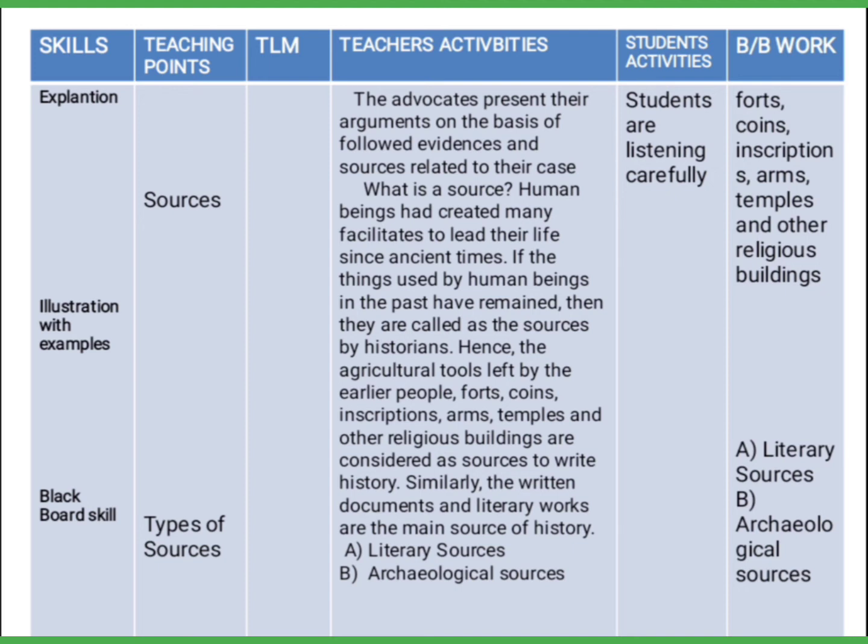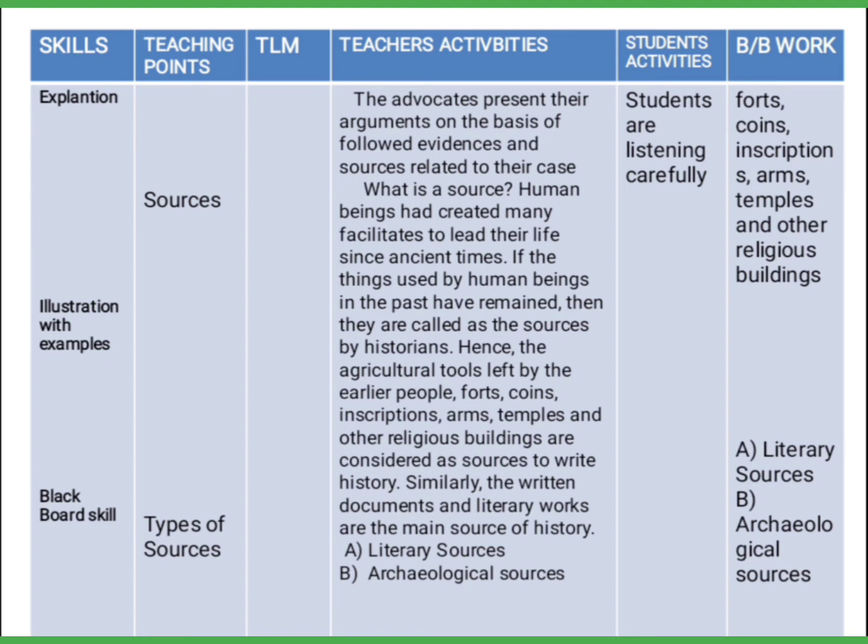Hence, the agricultural tools left by the earlier people, forts, coins, inscriptions, arms, temples, and other religious buildings are considered sources to write history. Similarly, written documents and literary works are the main source of history.